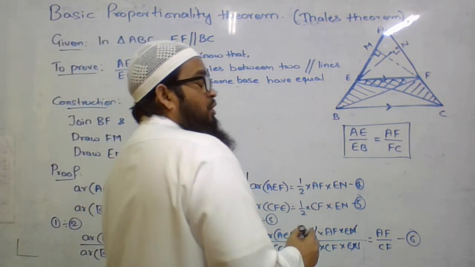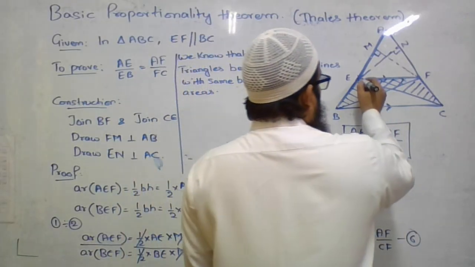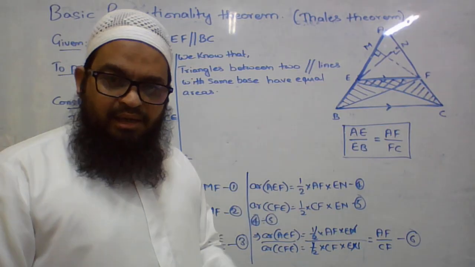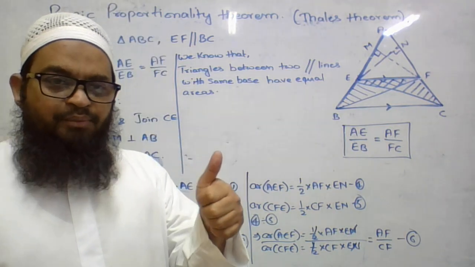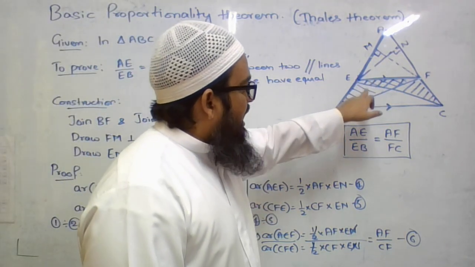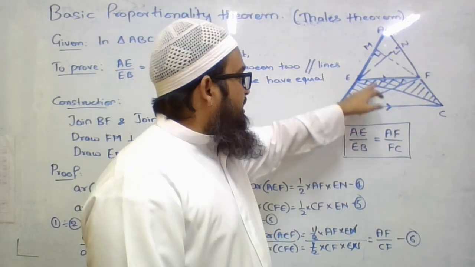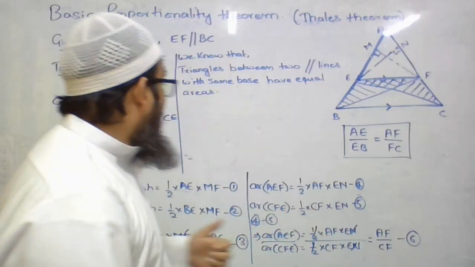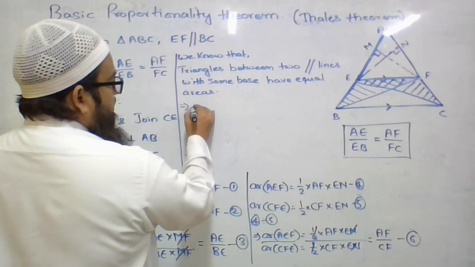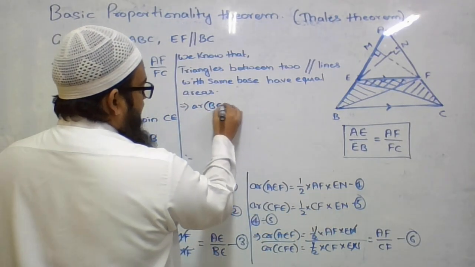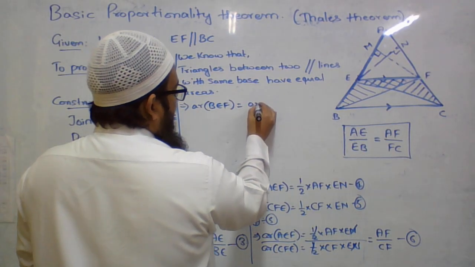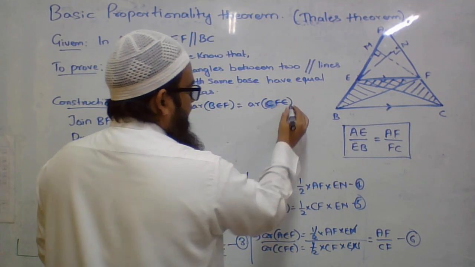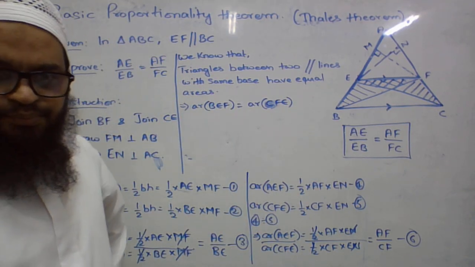So now, if I take EF as base, is EF common for both the triangles? Yes, it is common. And are both triangles in between two parallel lines, EF and BC? So that implies area of BEF is equal to area of CFE. Is it right or wrong?